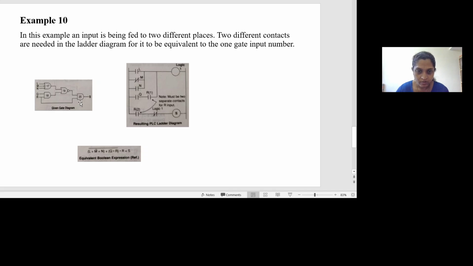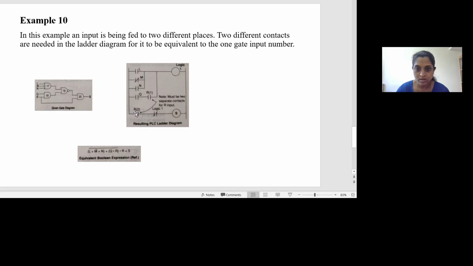And we look at the AND gate 20, it has two inputs. One is the R, and the other input is negated. It is coming from gate 19. And since it's an AND operation between these two inputs, these inputs are represented as contacts in series.